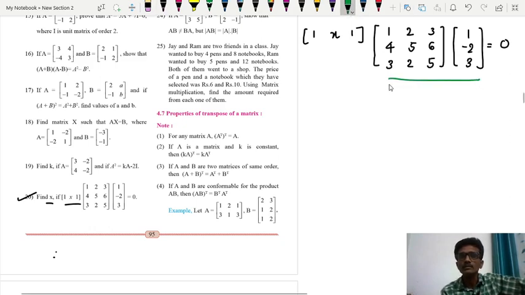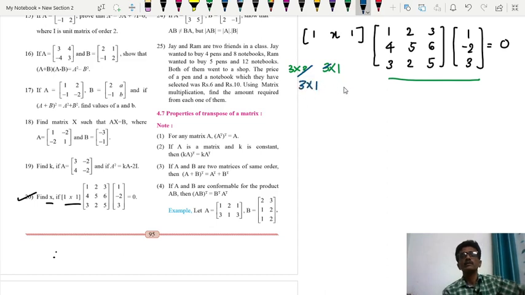सी दिस मैट्रिक्स इज ऑफ ऑर्डर 3 by 3 and this मैट्रिक्स इज ऑफ ऑर्डर 3 by 1. मतलब 3 रो और 1 कॉलम है. सो the product matrix will be of order 3 by 1. Then we will multiply with this.